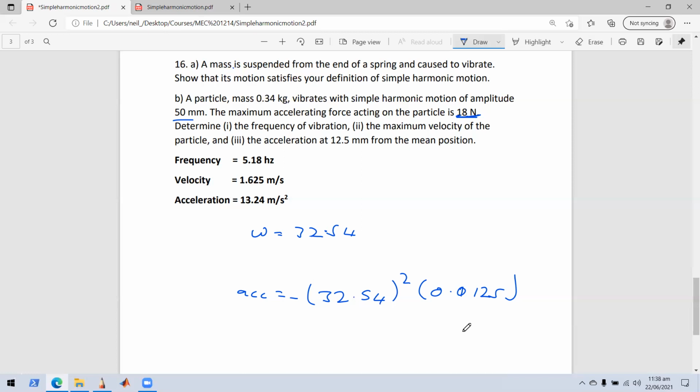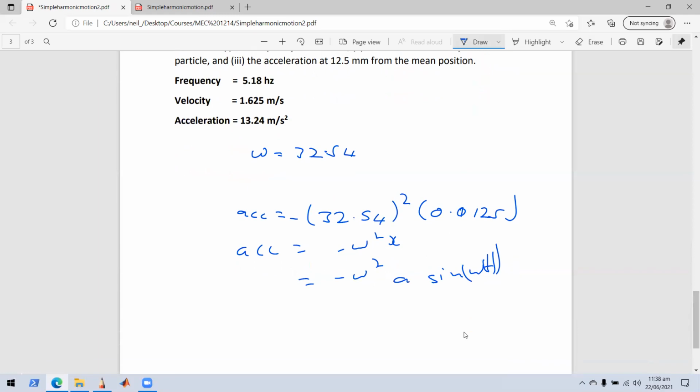So you use acceleration is equal to minus omega squared x, and then you broke down x into a sine omega t. This is what I'm trying to use. Okay. Yeah, so you should get sine omega t as 0.25.